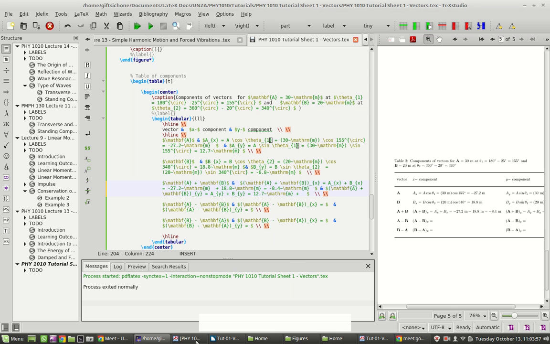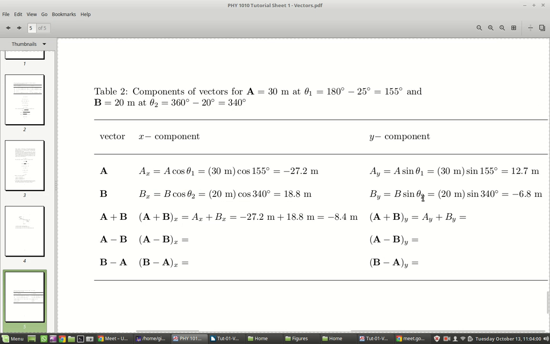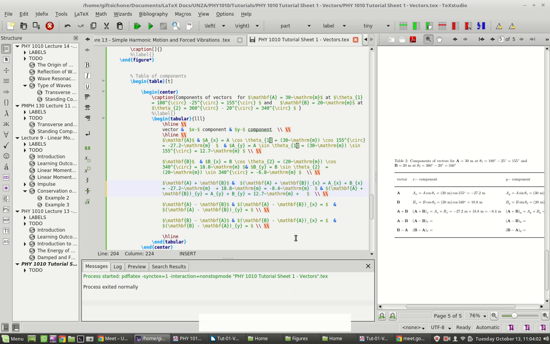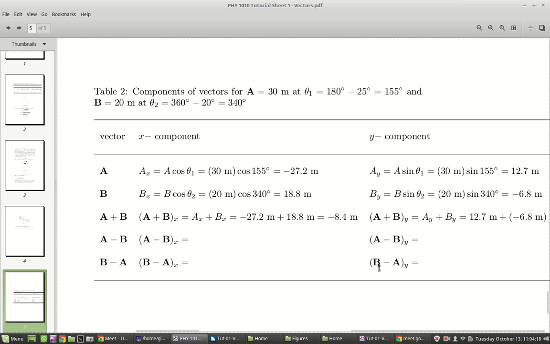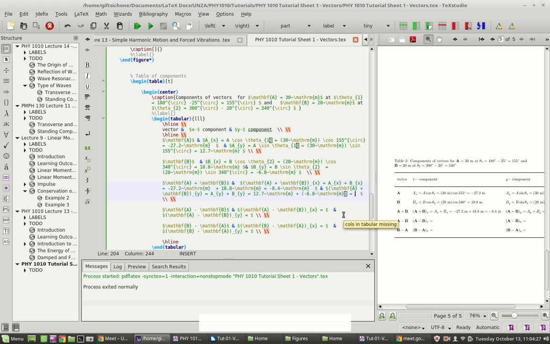Then plus by, which is minus 6.8. So 12.7 meters plus minus 6.8 meters. How much do we get? 5.9.